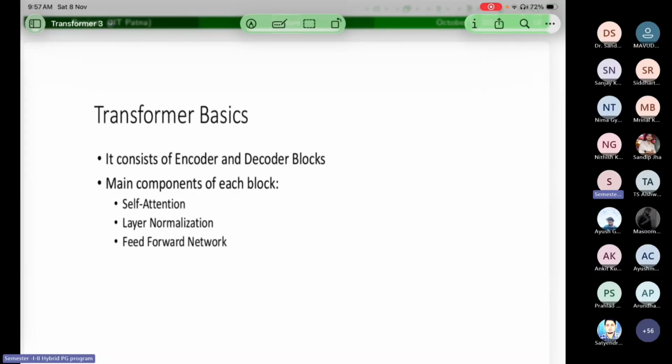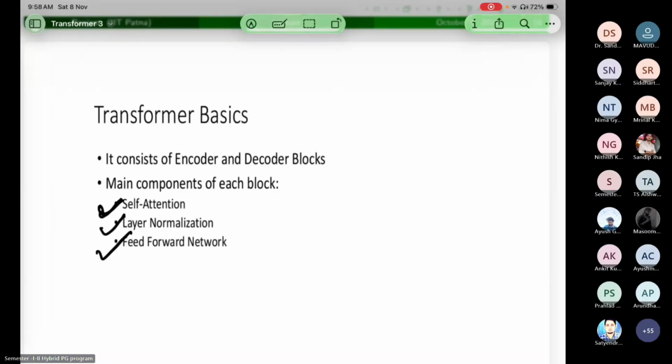What is the mechanism inside the transformer? If you look, the transformer consists of an encoder and a decoder block. Inside each block, the core part is self-attention. Apart from self-attention, we have a few more layers also, like layer normalization and feed-forward network.